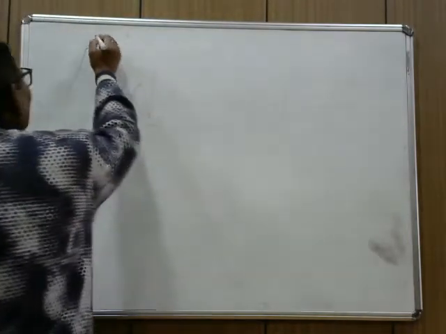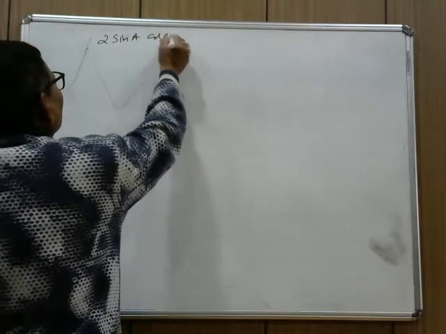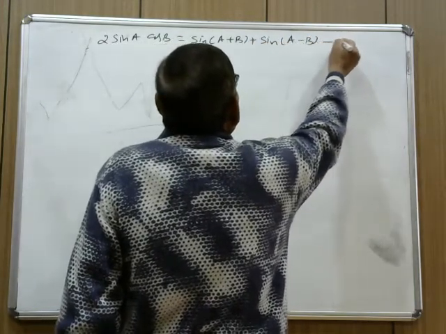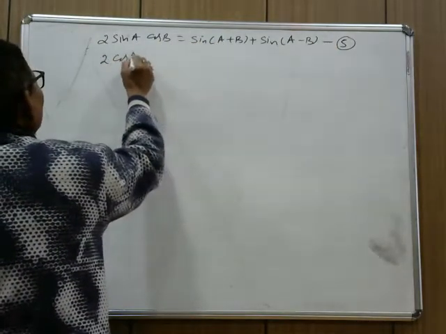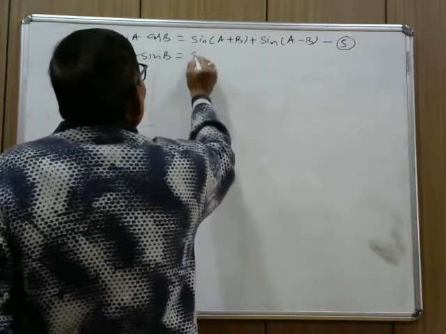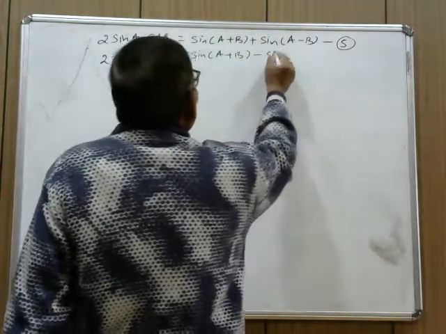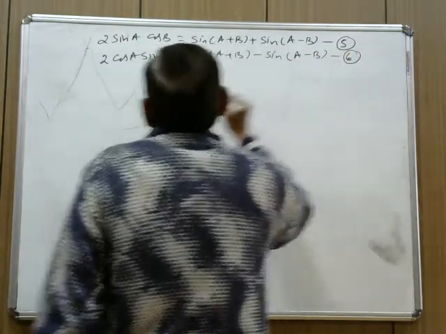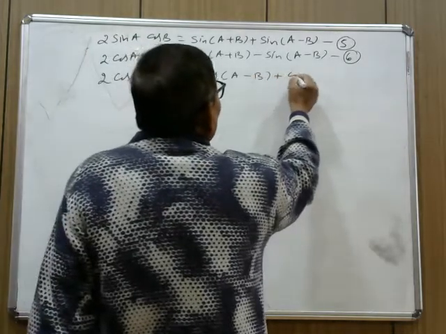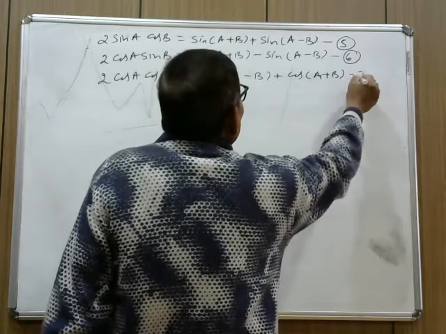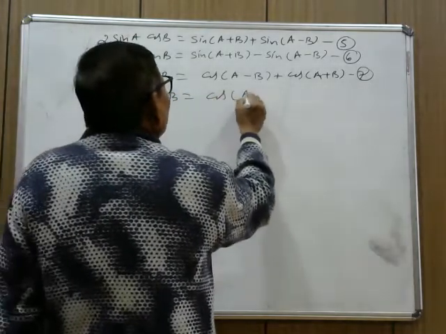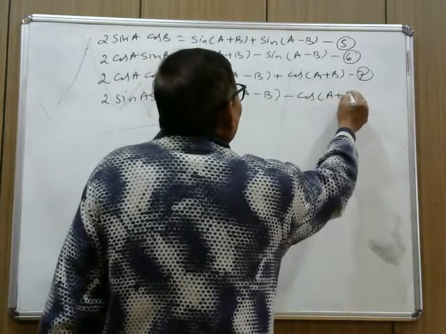These formulas are 2 sin A cos B is equal to sin of A plus B plus sin of A minus B, that is 5. 2 cos A sin B is equal to sin of A plus B minus sin A minus B, this is 6. 2 cos A cos B is equal to cos A minus B plus cos A plus B, this is 7. 2 sin A sin B is equal to cos A minus B minus cos A plus B, this is 8.